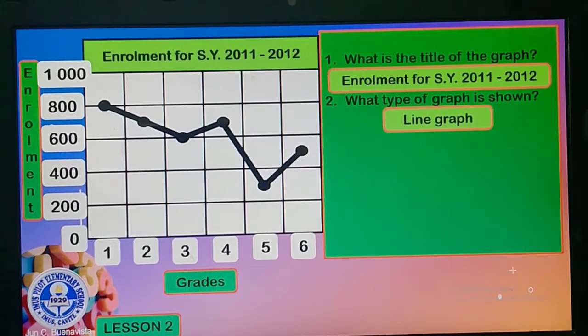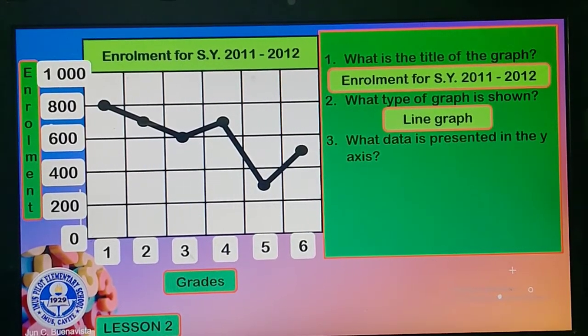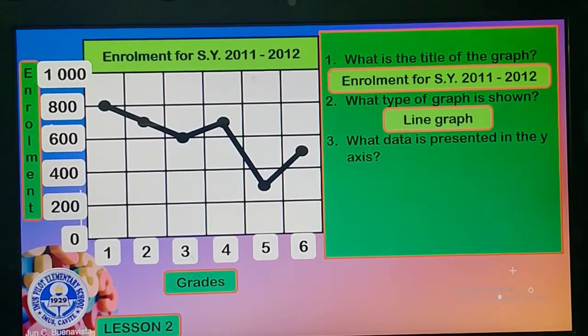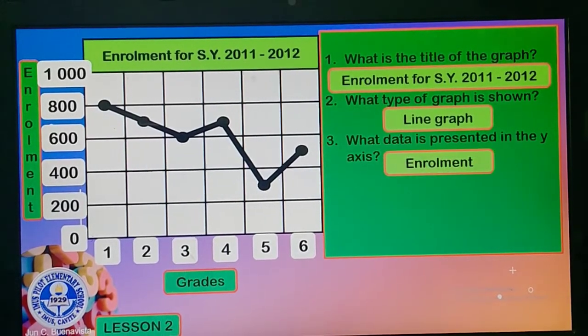It always has time. It changes over the period of time. Question number 3. What data is presented by the y-axis? Enrollment. Very good. So, enrollment is what the y-axis represents. That is the vertical line.